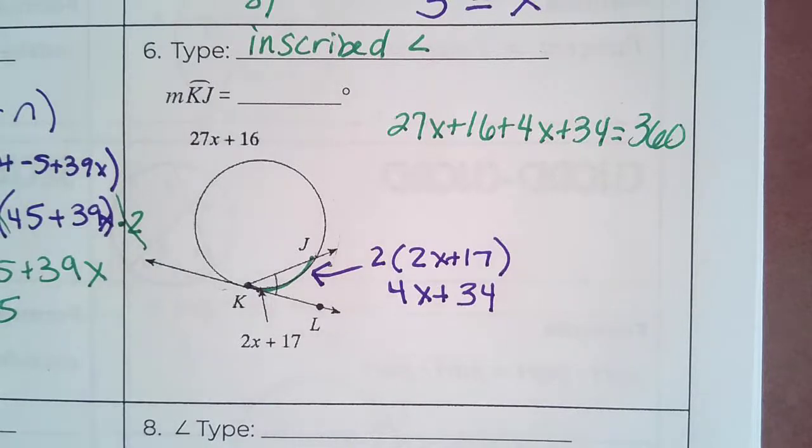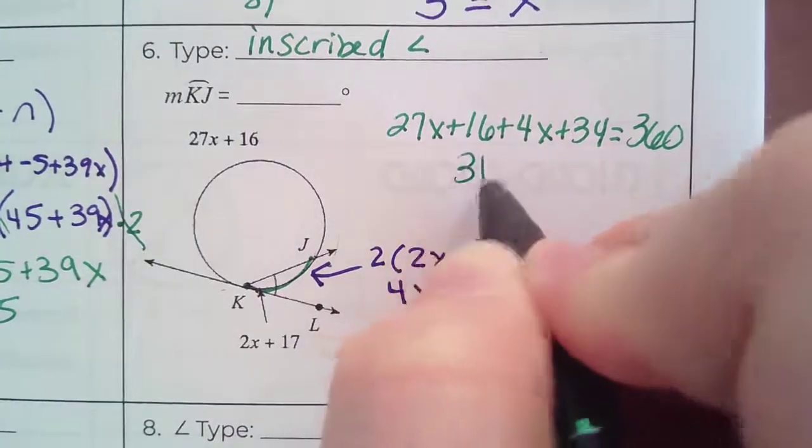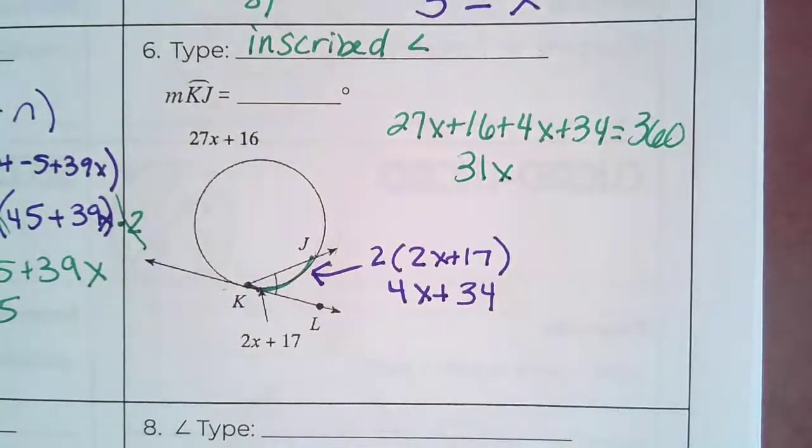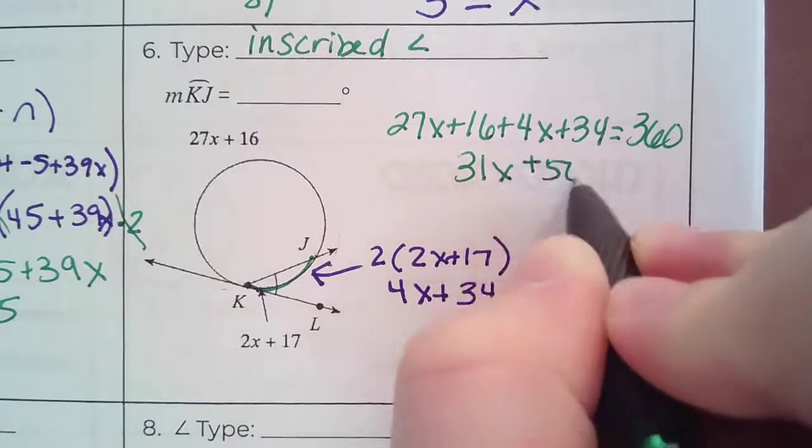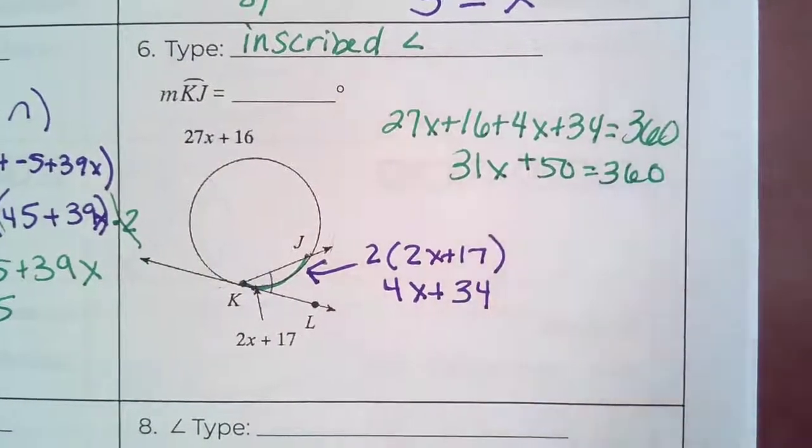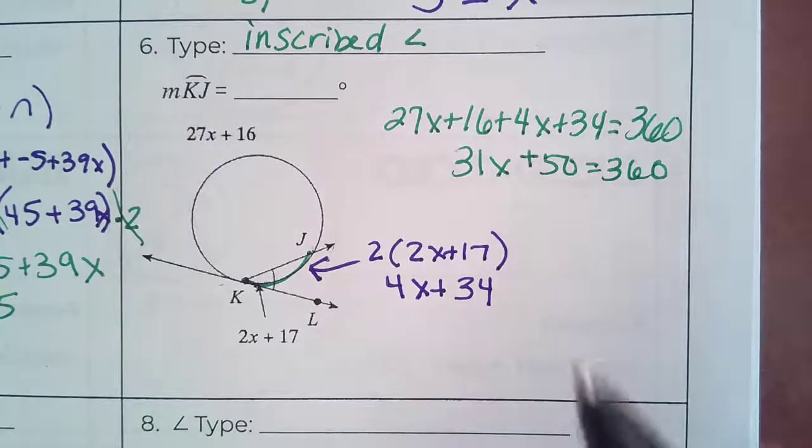Okay, let's combine our like terms. 27 plus 4, 31x. 16 plus 34, 50, equals 360. Subtract 50.